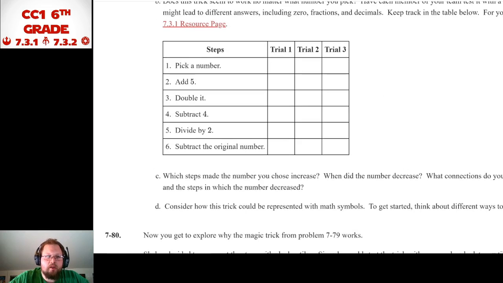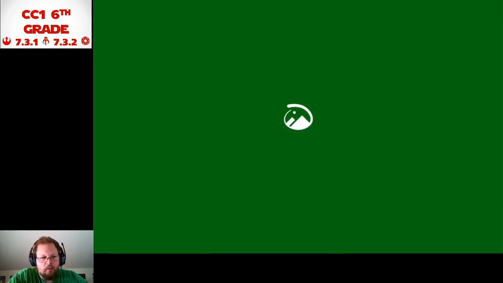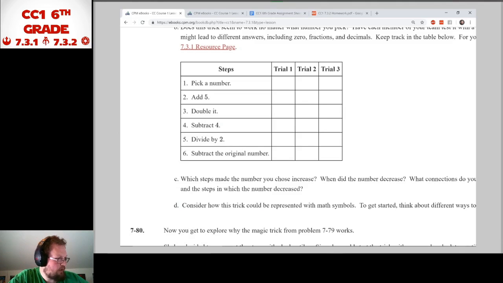You're going to pick a number, add 5, and I'm happy to walk through one of these. I will pick whatever number. How about the first number I see on a paper over there, which is 10. I'm going to pick 10. Add 5 to that to make 15. I will double that by doing 2 times 15 to get 30.